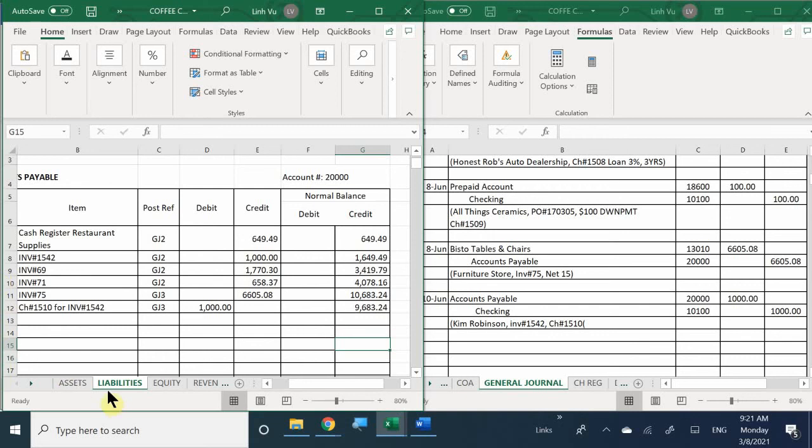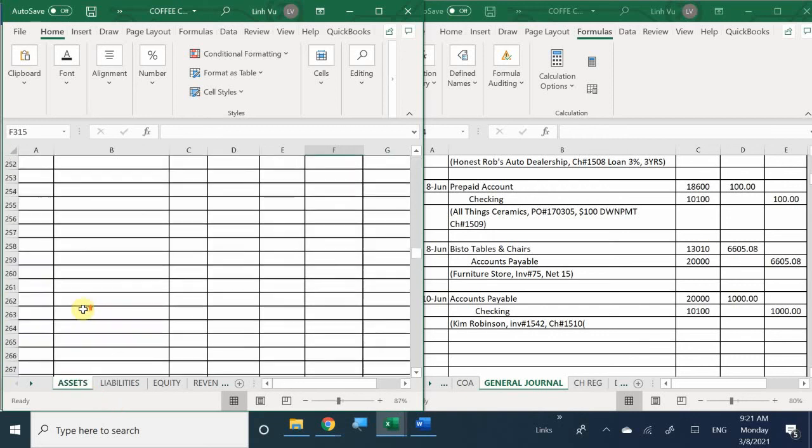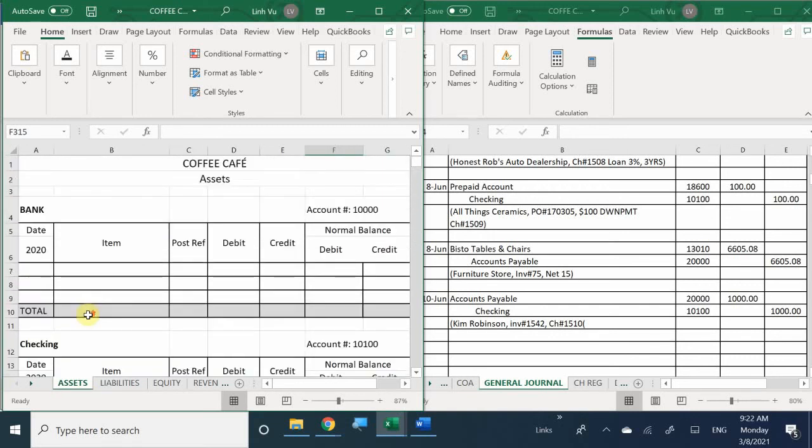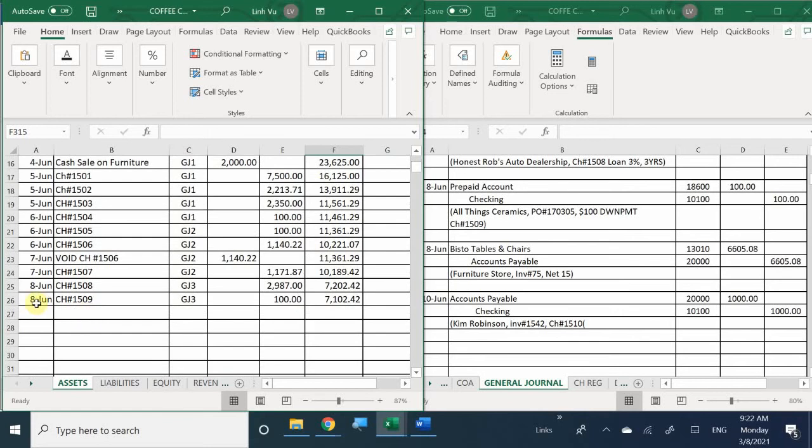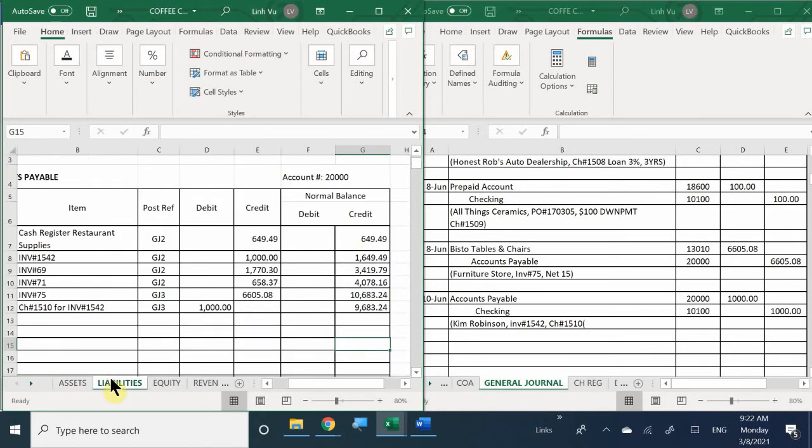And now I have to go back to my checking account because I wrote a check out. So therefore, let's go ahead and determine what my checking balance should be as of the 10th. So again, I'm going to write check number 1510. It's 1510, right? Yes. Okay, let me just make sure I wrote that down. 1510.